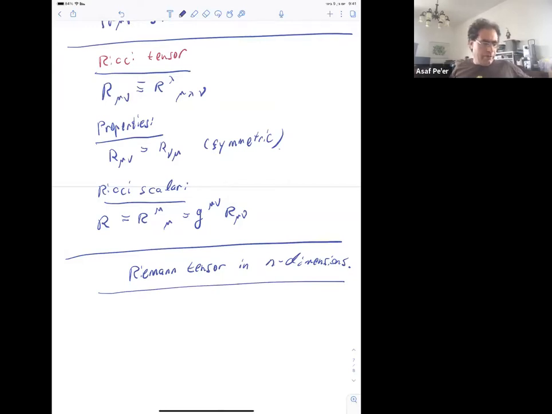Now, but we know it's anti-symmetric in the first two indices and anti-symmetric in the last two indices and symmetric under interchange of the first two and the second two.